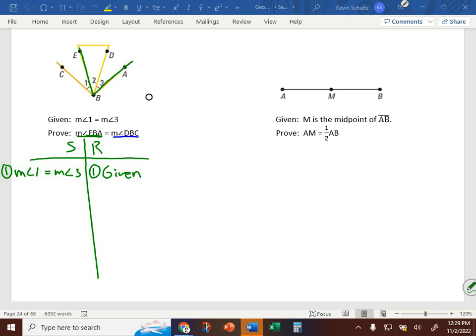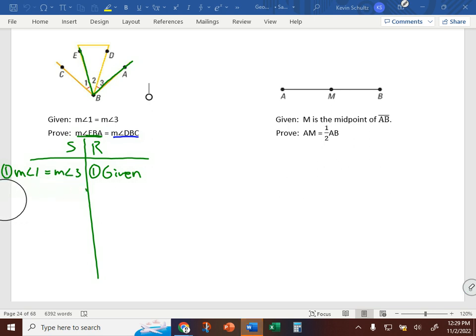Damien: Angle EBA equals 2 and 3. Excellent. What we know about the measure of angle EBA is that it is equal to the measure of angle 2 plus the measure of angle 3.